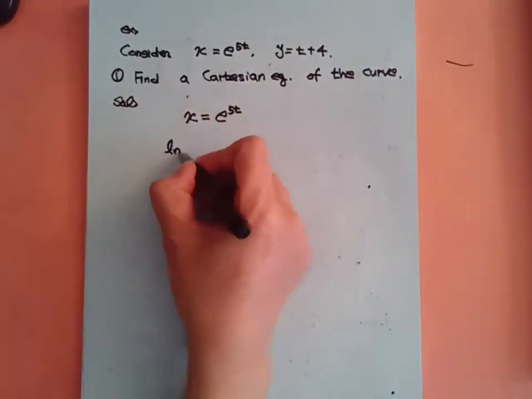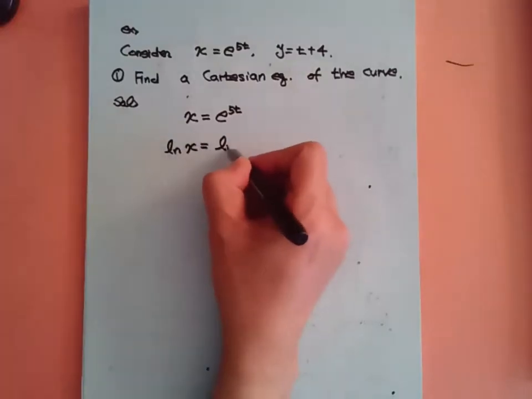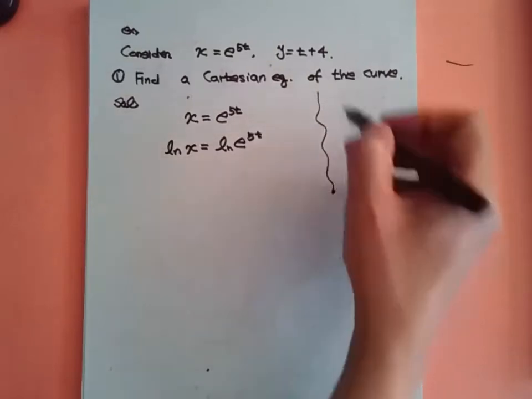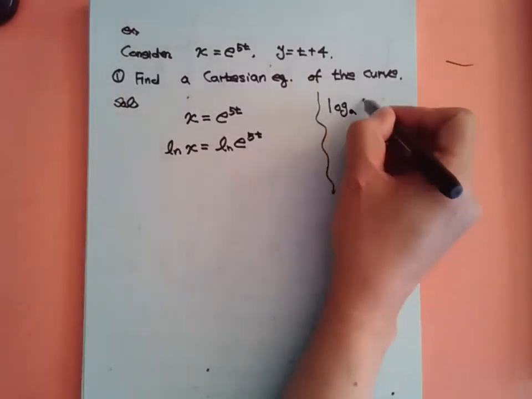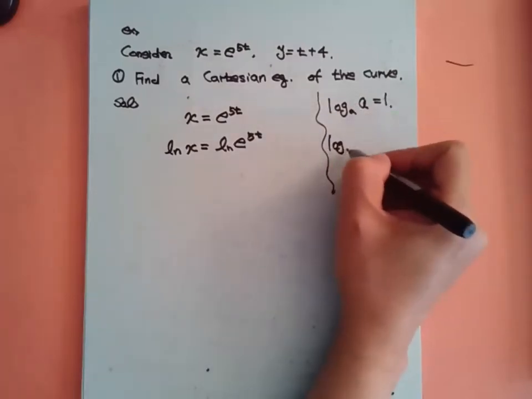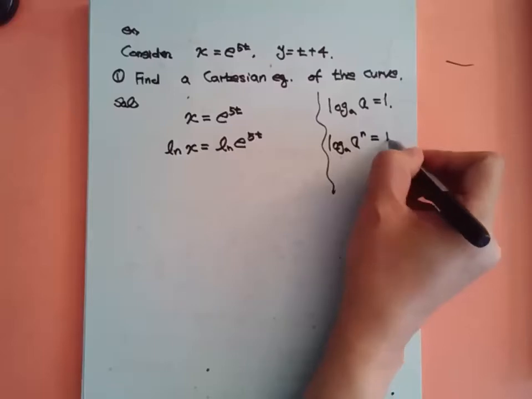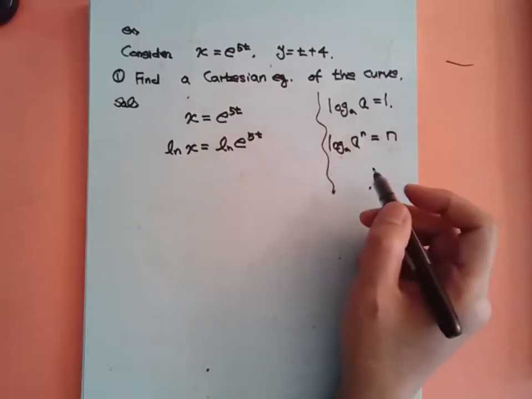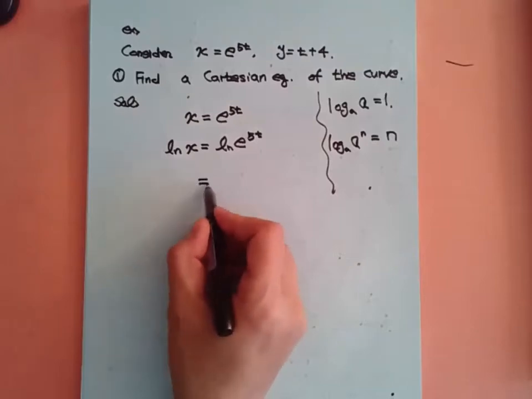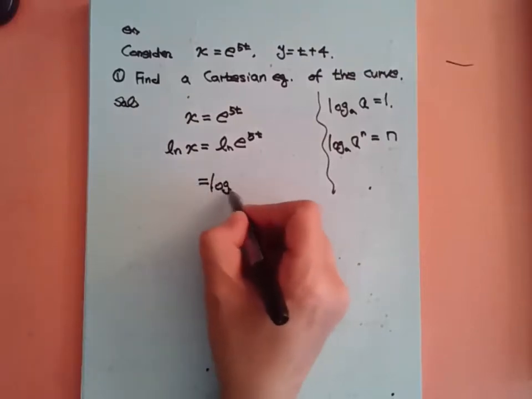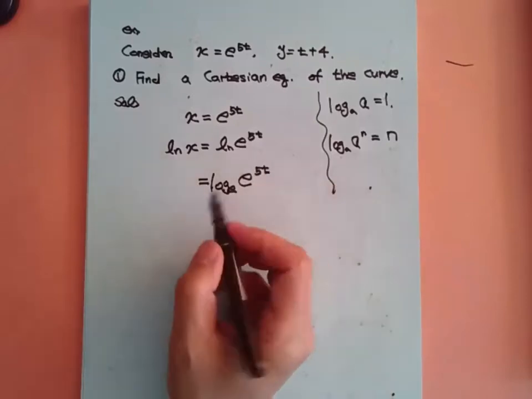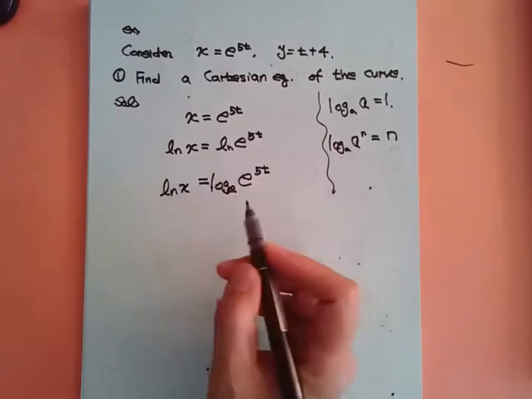And then we will take natural log on both sides. What we know is log base a of a equals 1, and log base a of a to the n power equals n, just this one. So what we know is a natural log means log base e, and e to the 5t power, that is natural log of x.